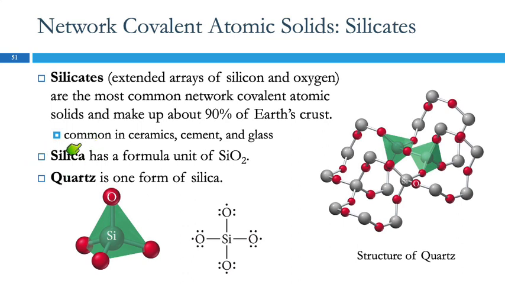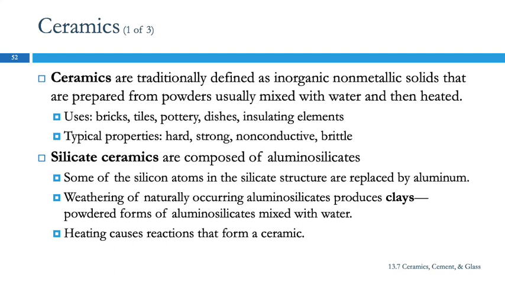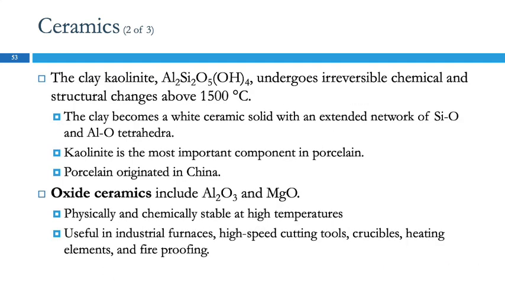So silica has a formula unit of SiO2, but it's not an SiO2 molecule. That's just the lowest ratio. For every silicon atom, there are 2 oxygen atoms, and they're bonded together in this way. And then the chapter goes on and talks about different types of silicates and ceramics and the differences between those.